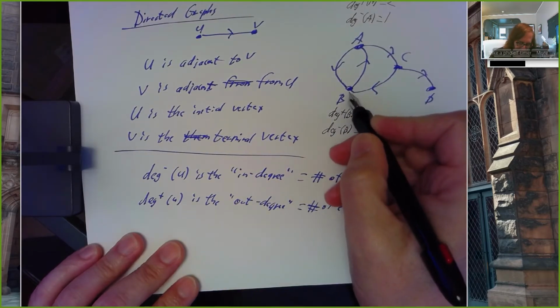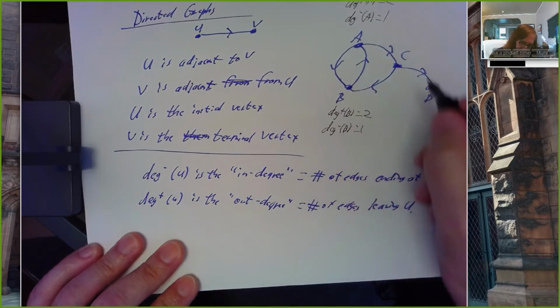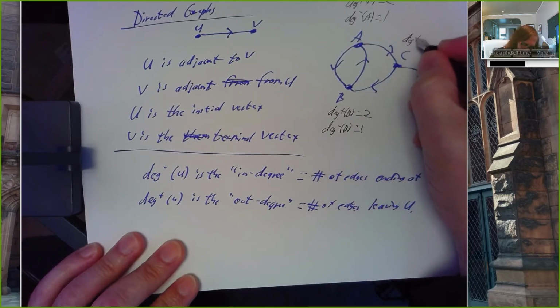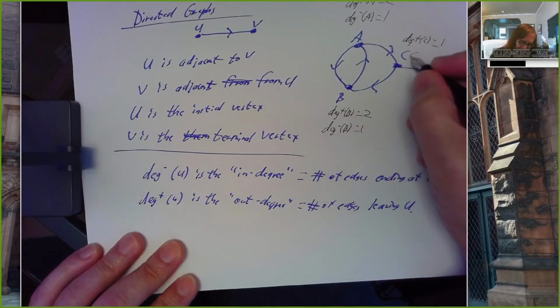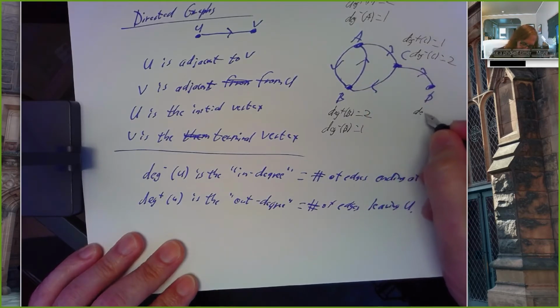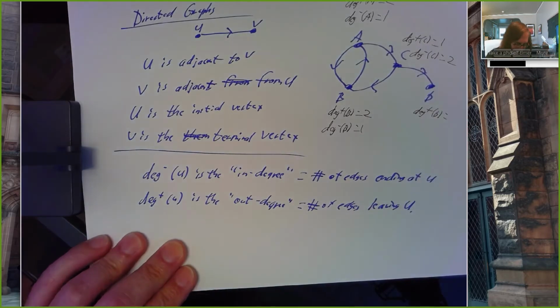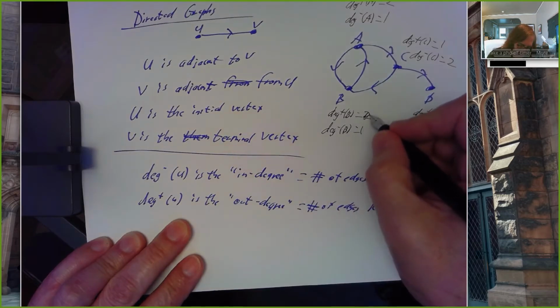So the in degree here, we have 2 edges coming in and we have 1 edge coming out. Vertex C, we have 1 edge coming in and 2 edges coming out. Did I switch up my definitions? Minus is coming in. Yep, I messed these up already.